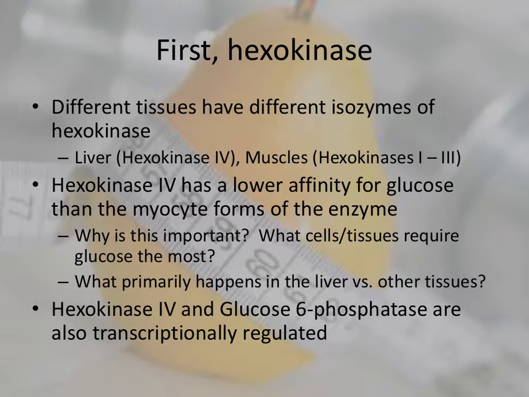So if you think back to last semester and we talk about lower affinity, what are we looking at? Is that kcat, Vmax, KM? What kind of numbers or system are we looking at when we talk about lower affinity? Think back. So what part is that?